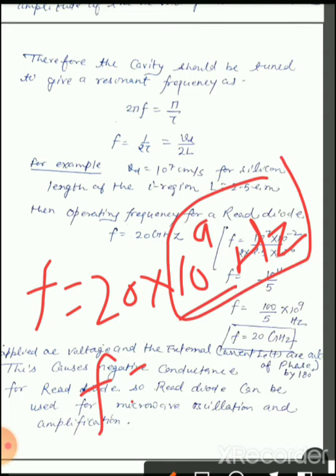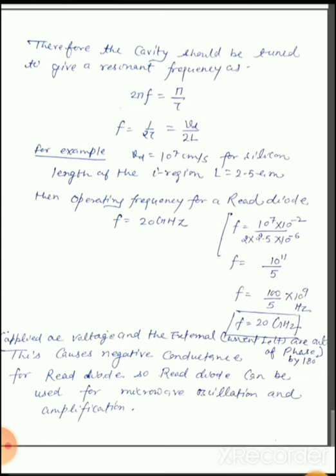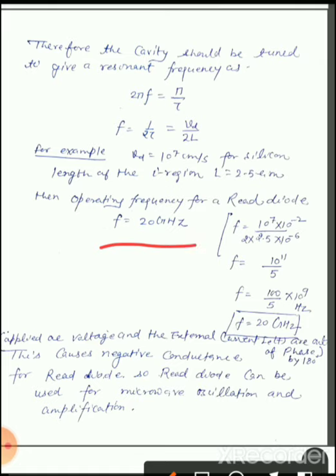So we get the operating frequency or resonant frequency of a Read diode, f = 20 gigahertz.